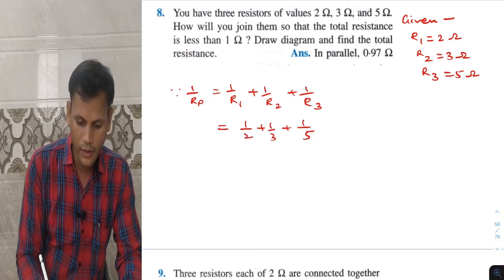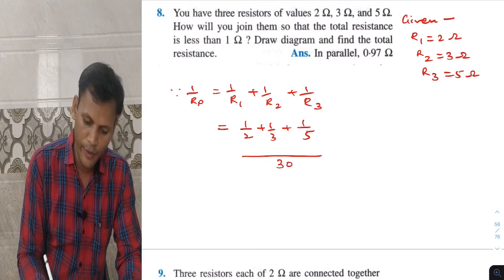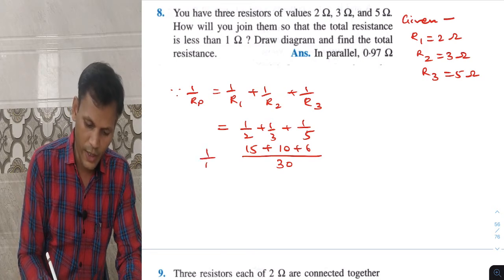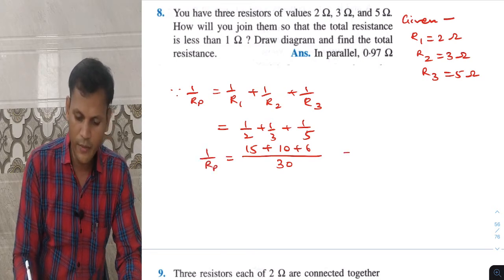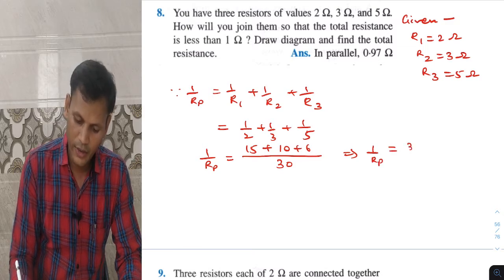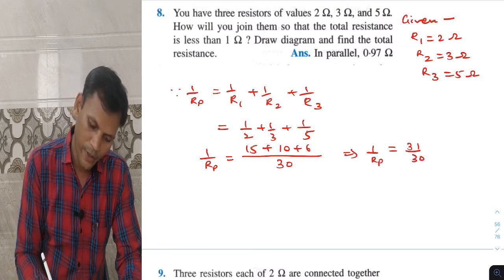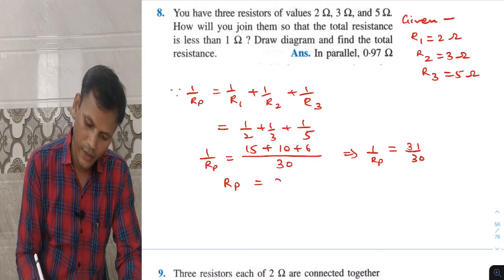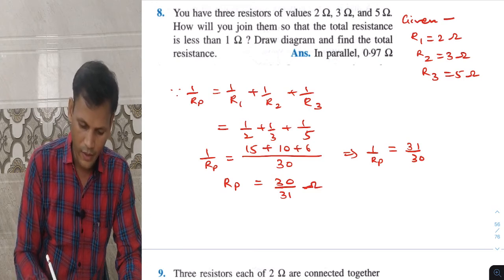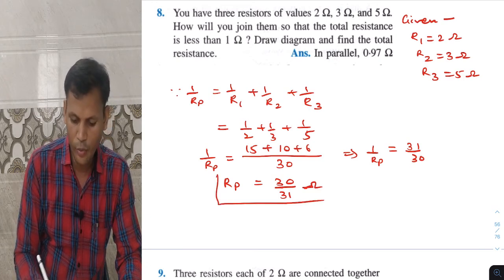The LCM will be 30: 2 15s, 3 10s, 5 6s. So 1 upon Rp becomes 31 by 30. So Rp becomes 30 by 31 ohm. It will be less than 1, of course, because the denominator is bigger than the numerator.